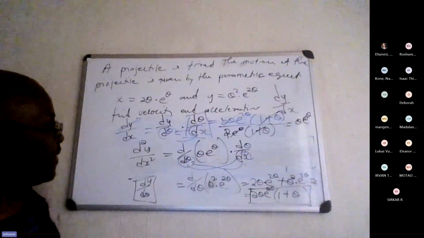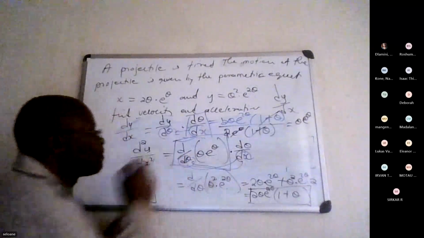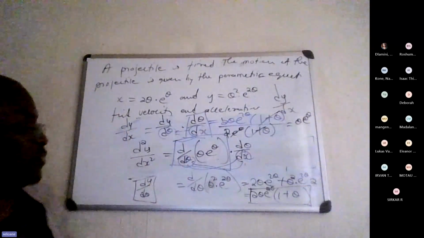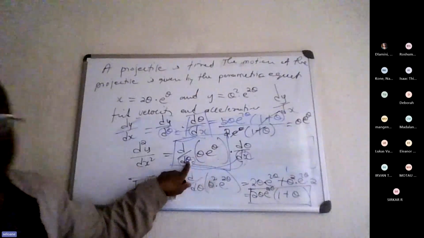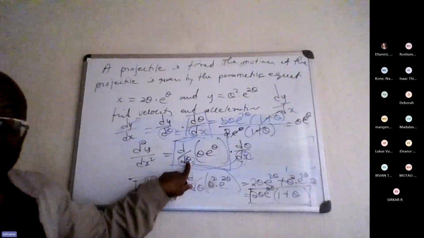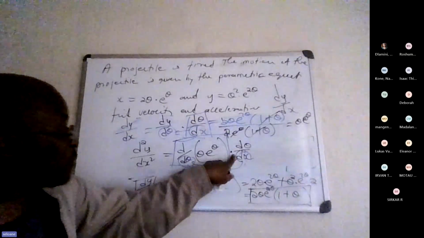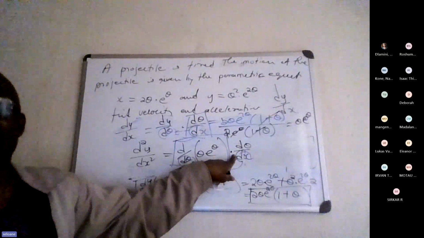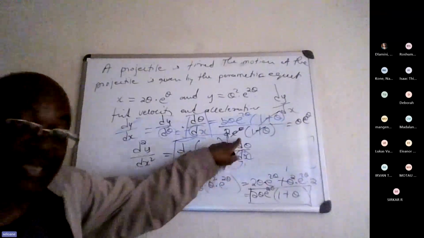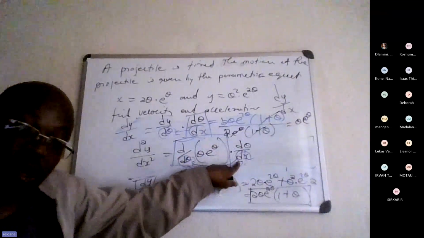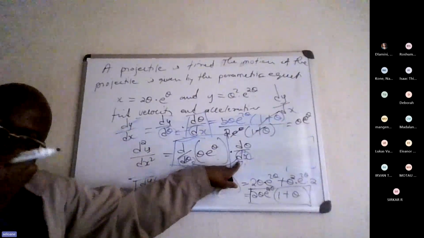From there, what now? Then you now differentiate this. We are now differentiating this product with respect to theta, which will be straightforward because it will now be the product rule. Then you say multiplied by this, d theta dx. Not forgetting that we don't have d theta dx, but we have got its reciprocal, like we did before.